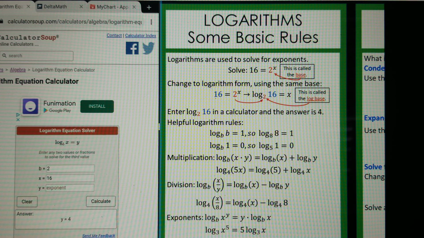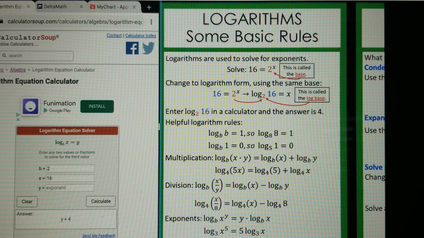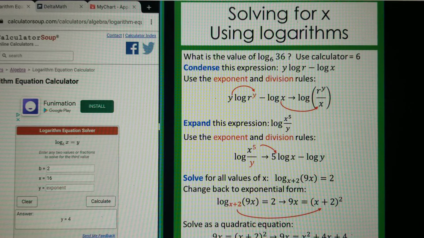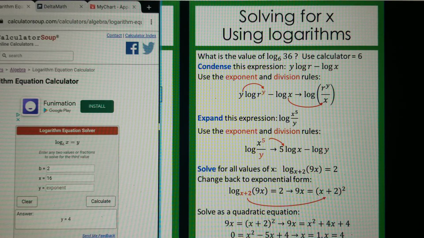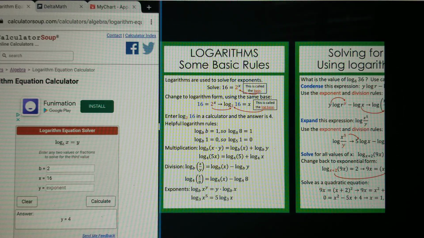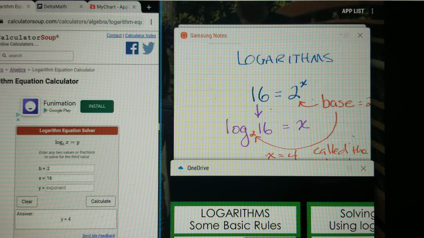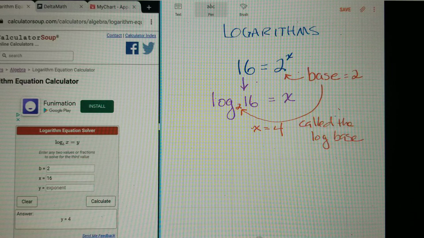How to do multiplication and some identity values, all the same things that you would have for exponents you have for logarithms. And then over here is how to solve each of the problems that you're looking at in these assignments. Okay, there's our basics of logarithms.